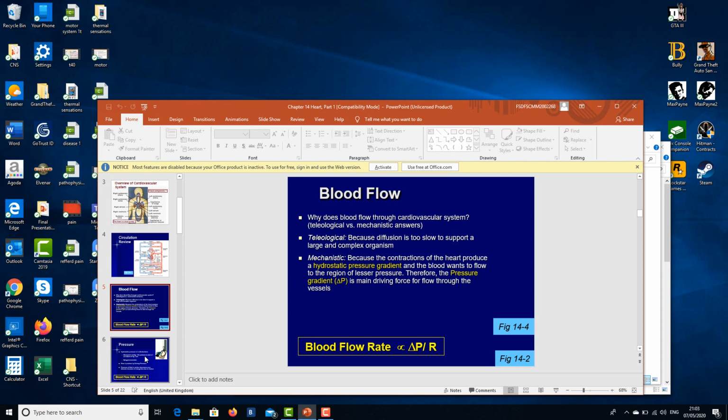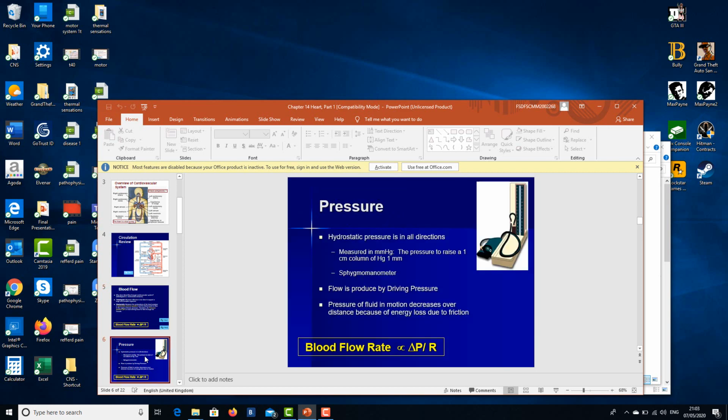So the cardiovascular system is required so that blood should reach the far-flung areas of the body which are quite far away from the heart, right? The oxygenated blood has to go to those areas, and the main driving force for flow through the vessels is the pressure gradient.